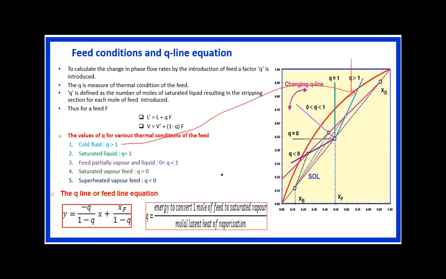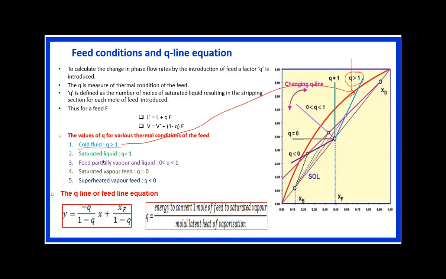So this feed line is represented as a q line, but in this case the condition is q greater than 1, and the slope of this q line is like this. Depending on the condition, as this is the cold fluid condition, the q value is greater than 1.